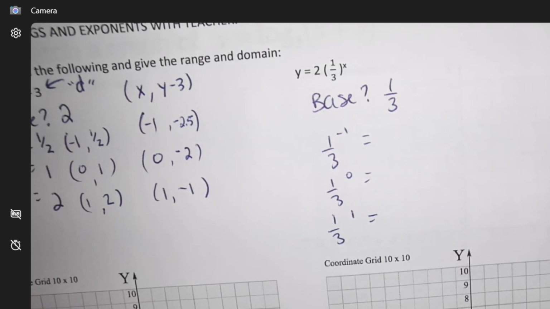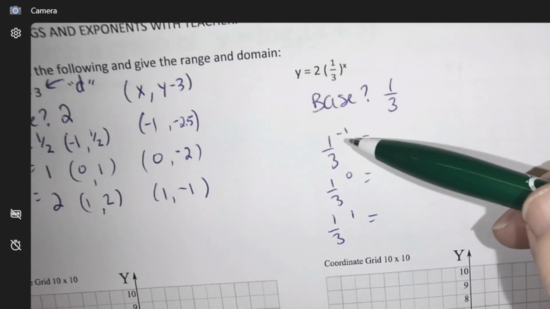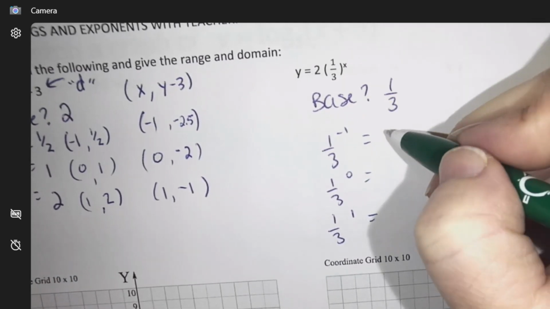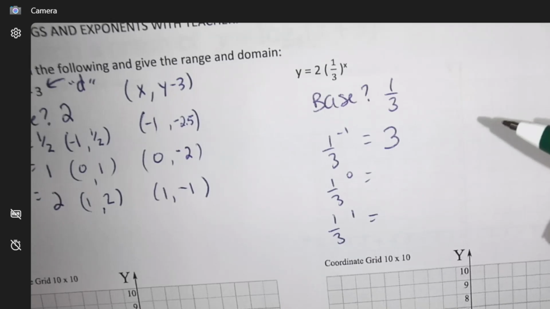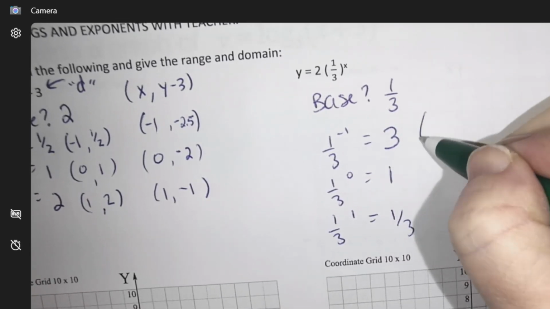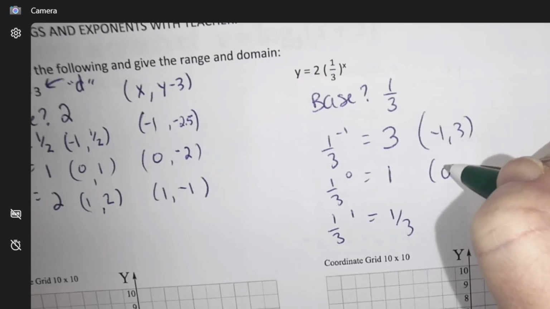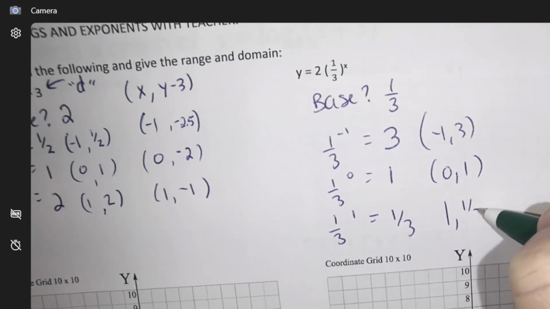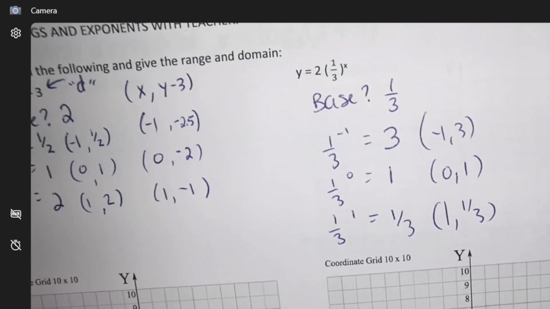Okay, what is 1/3 to a negative 1? What are you doing there? Flipping it, right? Negative exponents make flips. Coordinates for exponents are written exponent, comma, result.